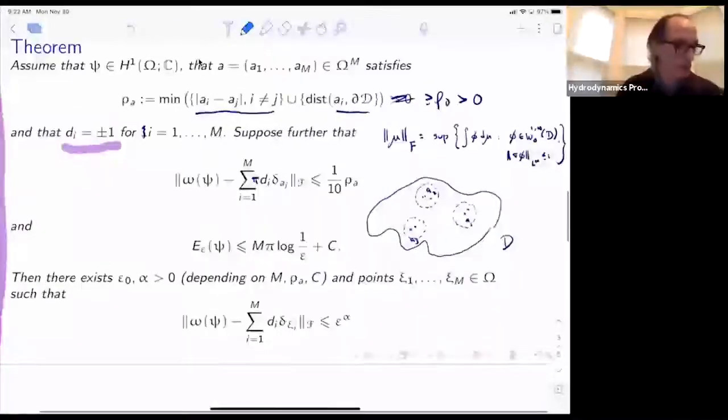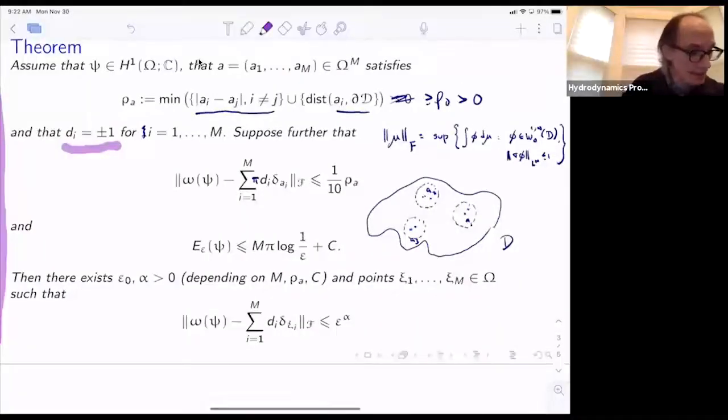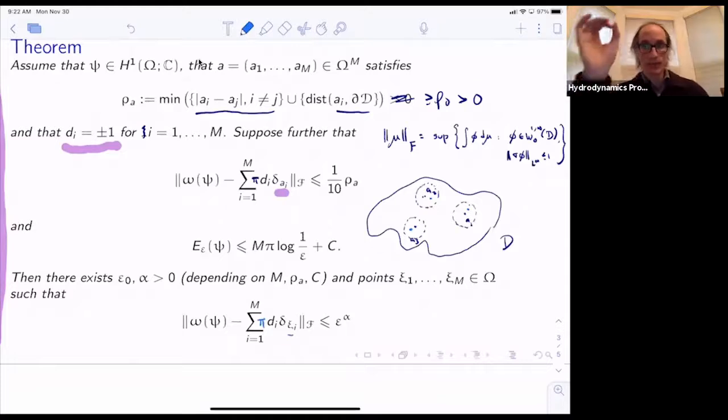So if I change the A's here to the C's here, and again, this factor of pi is missing, then instead of the vorticity looking like a bunch of points on this coarse rho sub A scale, the vorticity represents a bunch of points on some tiny epsilon to the alpha scale.